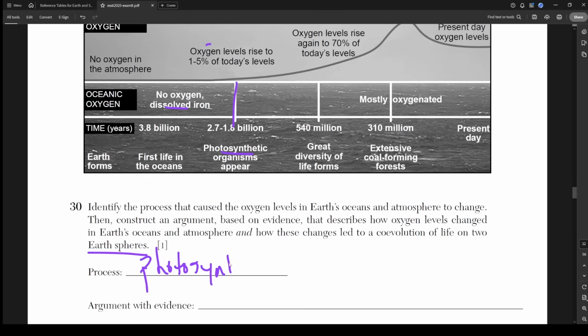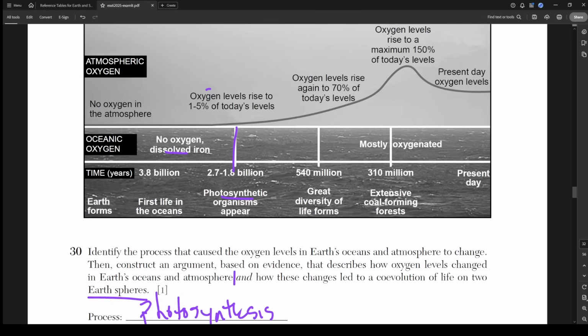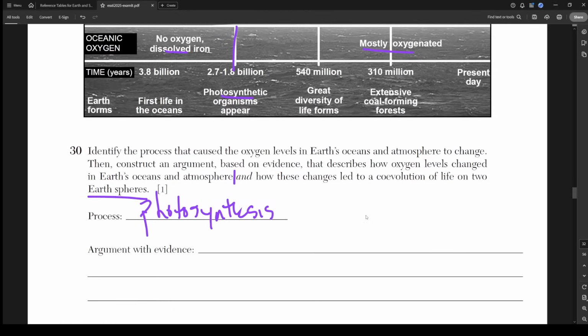Another photosynthesis question. Why? Okay. Then construct an argument based on evidence that describes how the oxygen levels change in the oceans and atmosphere. So let's do that first. So oxygen, look, they rose. And then they rose in the ocean. So we'll just start with that.